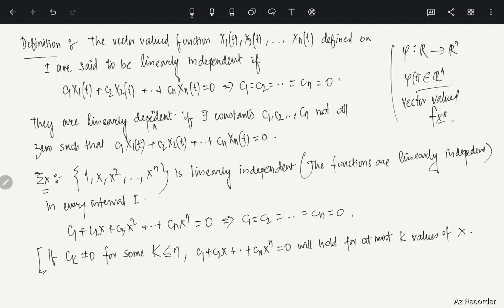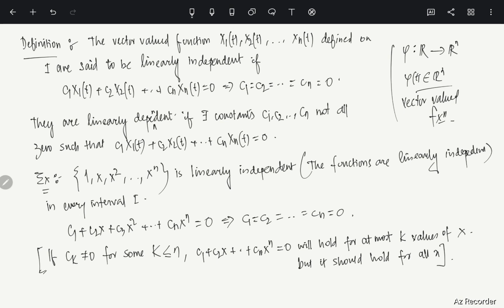So basically what I'm trying to say is there will be only finitely many values of x for which this relation holds. But the thing is, this relation has to hold for all x, right? So that's a contradiction. See, this is one way of looking at it.